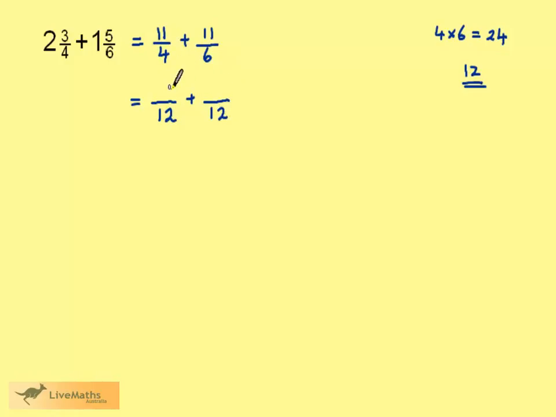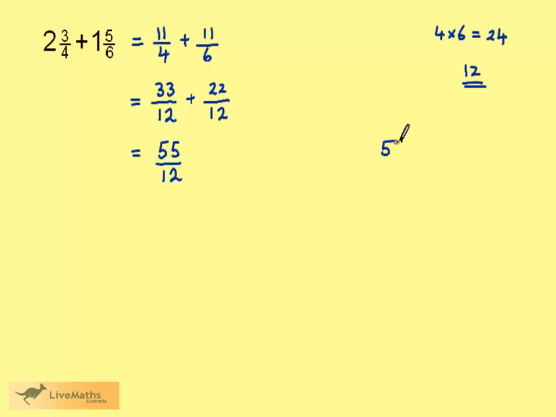Four times 3 gives me 12, so multiply the 11 by 3, giving me 33 over 12. 6 times 2 is 12, so 11 times 2 is 22. So we can see that we have 55 over 12 as an improper fraction.